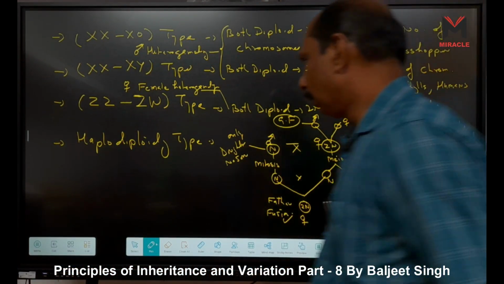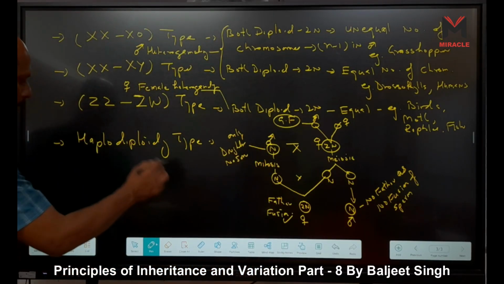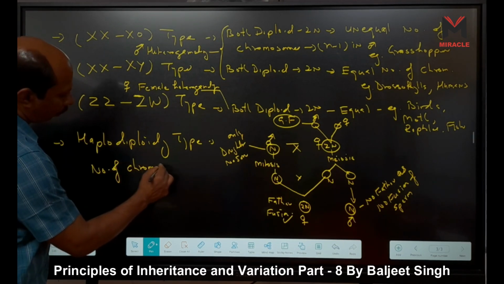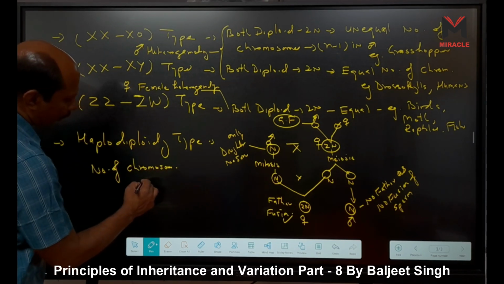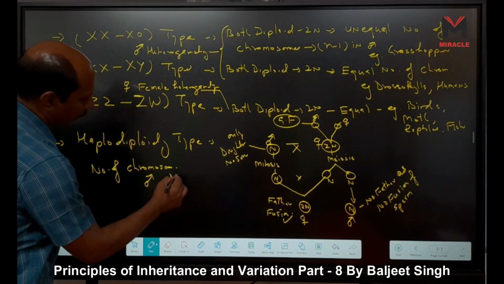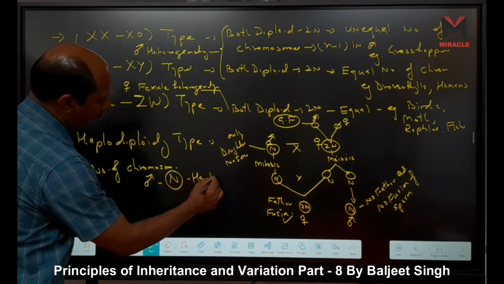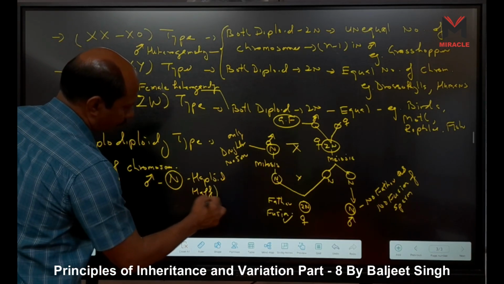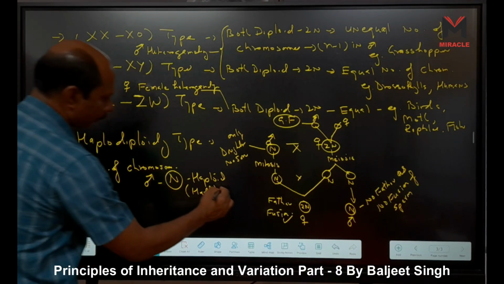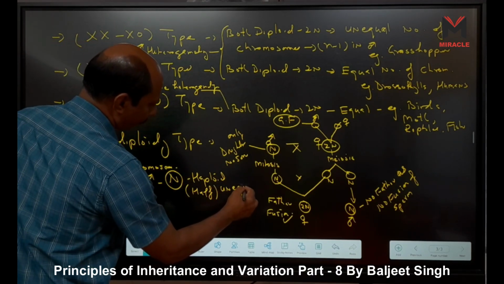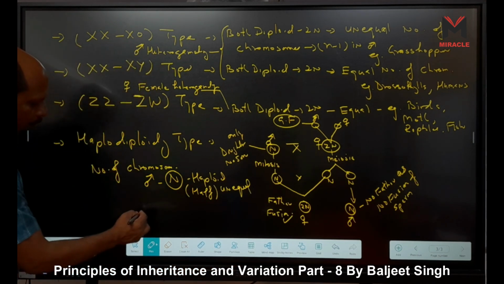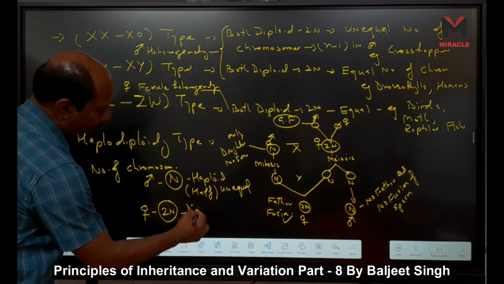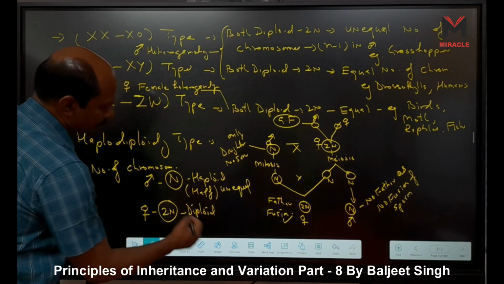Why is it called haplodiploid? Here the number of chromosomes in male is only n, that is haploid, means half, unequal. But the number of chromosomes in female is 2n, that is diploid, means double, right?